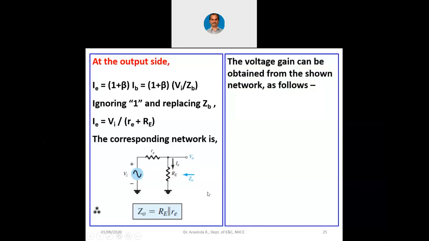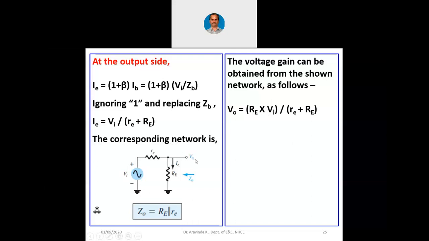Now let us proceed with the expression for the voltage gain. The voltage gain can be obtained from the shown network as follows. V0 is capital Re into Vi divided by small re plus capital Re. This network is nothing but a voltage divider network now.